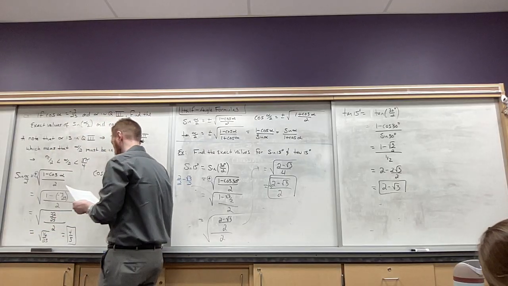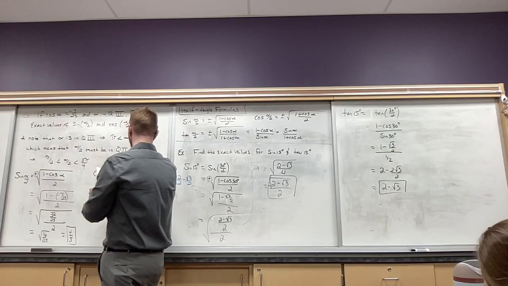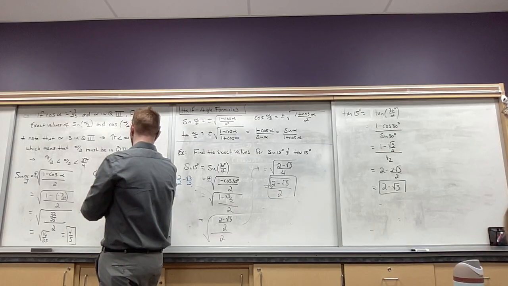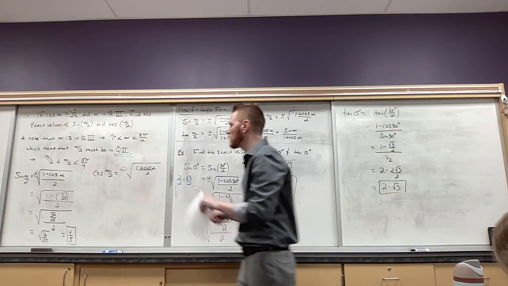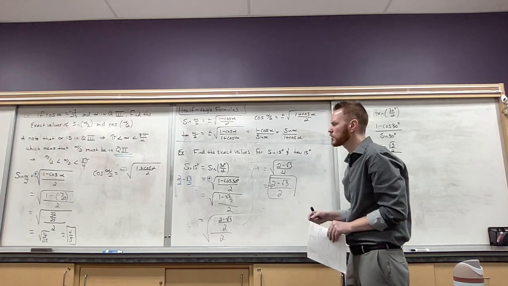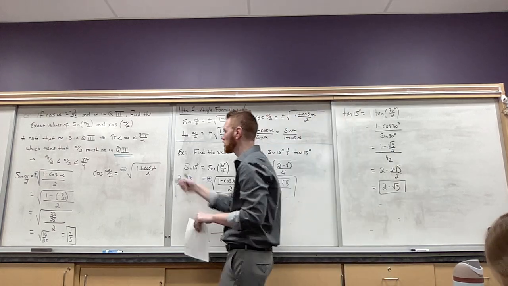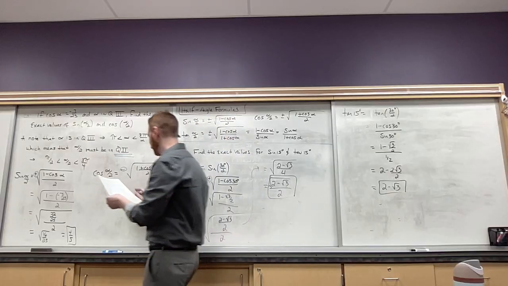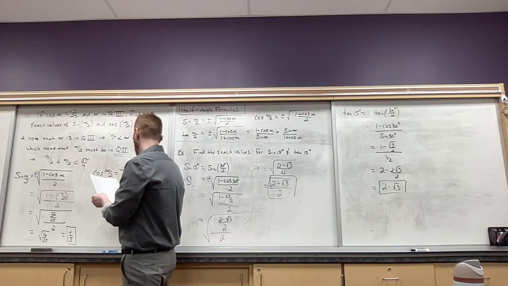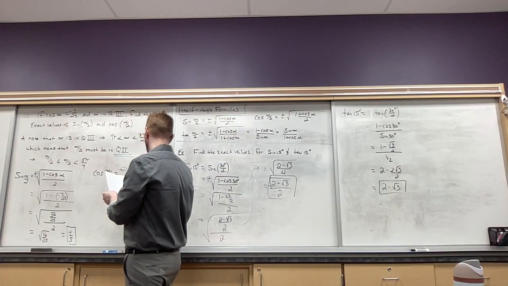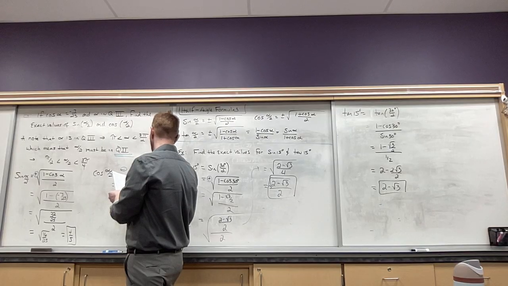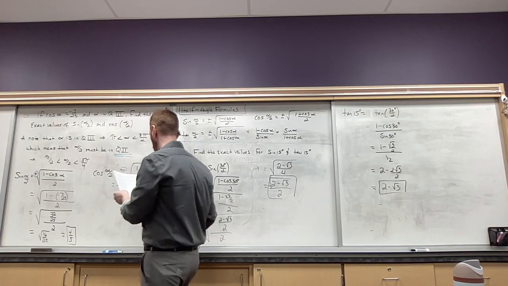Circle it, just so we know the importance of it. So 1 plus cosine of alpha over 2. So if you can see, sine and cosine for alpha over 2 is just going to be almost the same formula, just the sign's different for cosine of alpha, negative and positive. So we're going to get negative square root 1 plus negative 7 over 25 over 2.